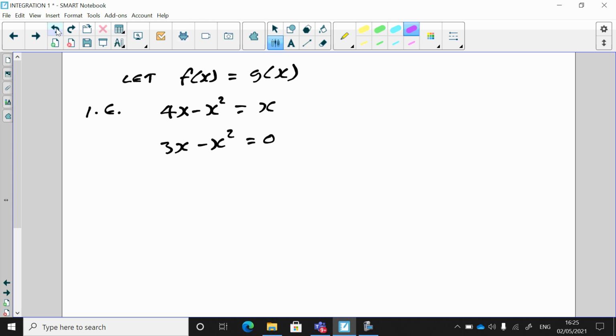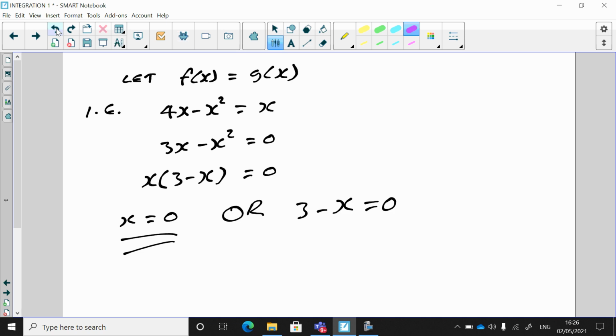Okay, you've got a quadratic equation here. Let's factorise it and solve. So taking out a factor of x, we've got x times (3 take away x) in the bracket equals 0. That's only possible mathematically if x equals 0 or the contents of the brackets, 3 take away x, is equal to 0. So that's what we've done there.